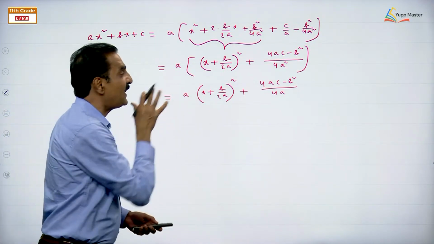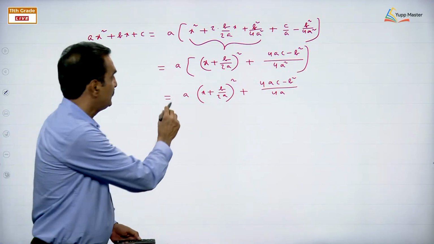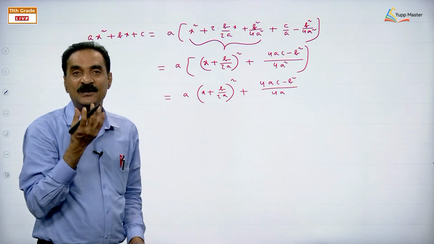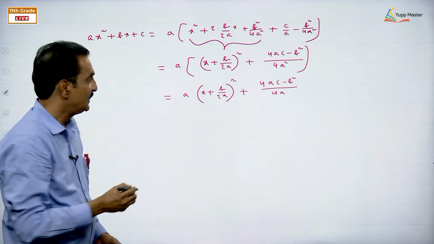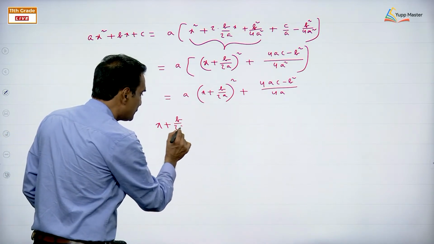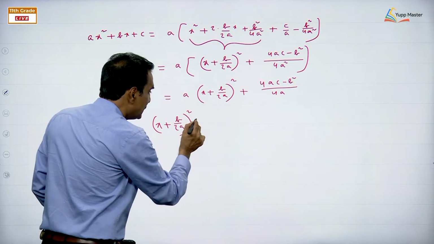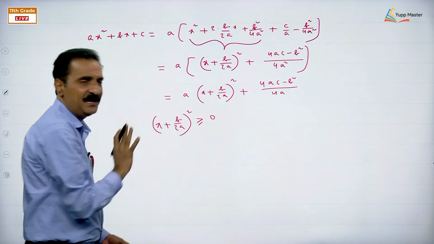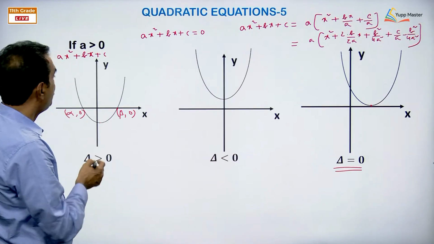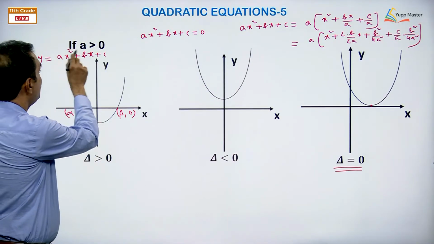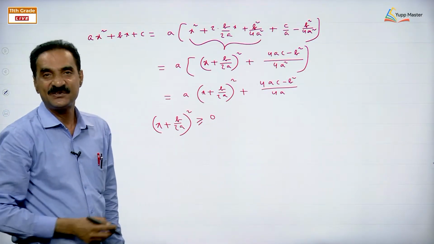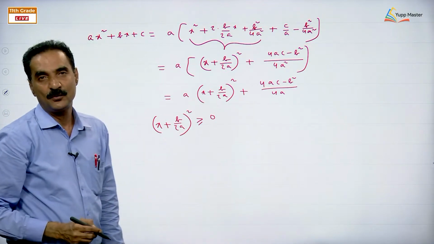Now, we want the minimum value of this quadratic expression. We know that minimum value of a perfect square is 0. x plus b by 2a whole square is always greater than or equal to 0 for any real value of x. All of you know this. Now, if a is positive, then you can multiply both sides by a, still it will be greater than or equal to only.